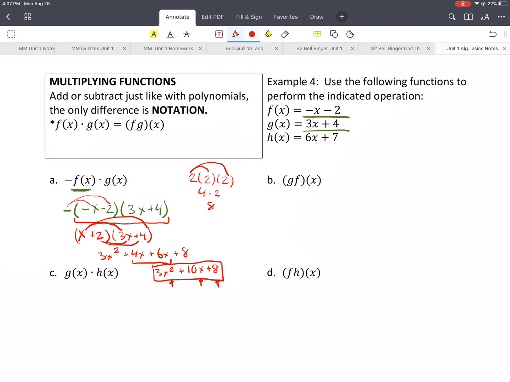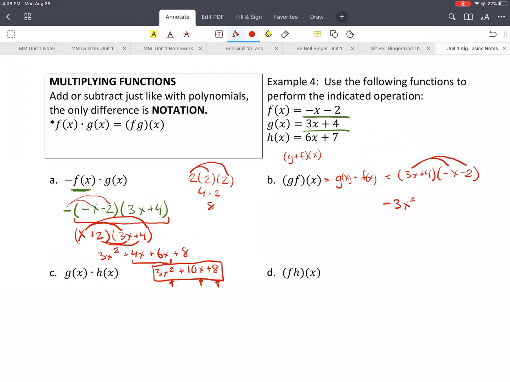All right? Very similar to when we had something like g plus f of x. All we're doing, this is the same thing as g of x times f of x. Okay? We know what f of x is, we know what g of x is, so let's just substitute that in. G of x is 3x plus 4, and f of x is a negative x minus 2. And then we would FOIL. So we multiply the inside, that gives us a negative 3x squared.